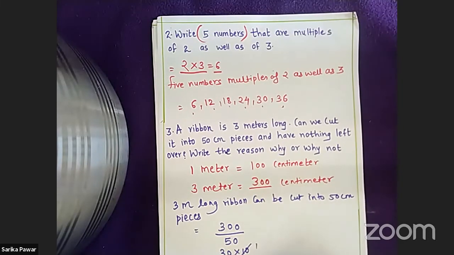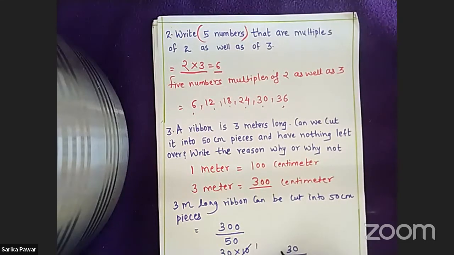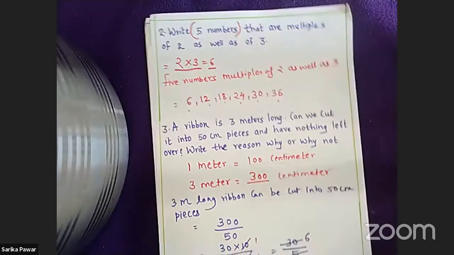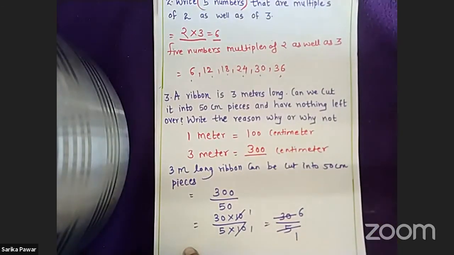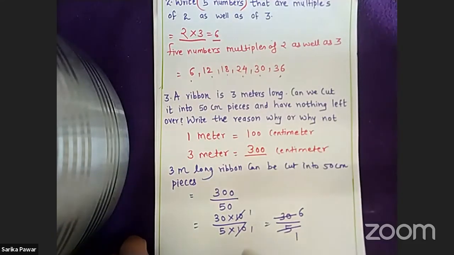Now 30 upon 5 remain. 5 ones are 5 and 5 sixes are 30. So we can make 6 pieces, each of length 50 centimeter, from a ribbon of 3 meter long.